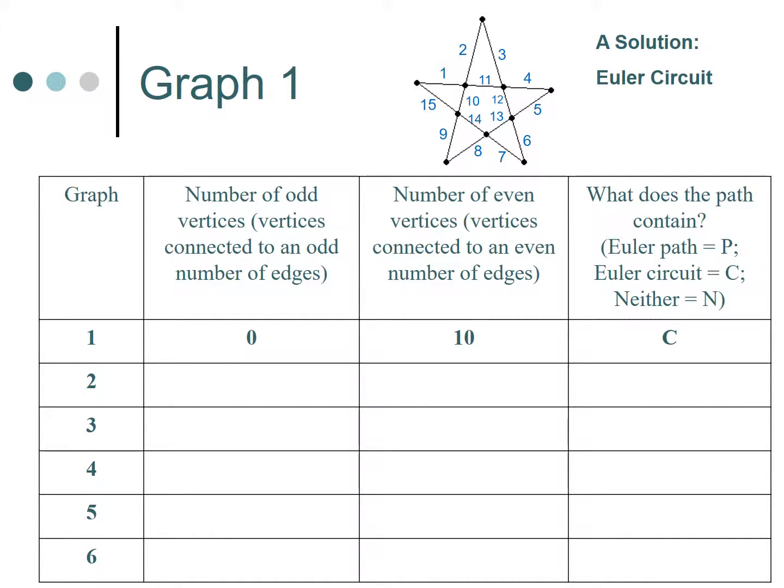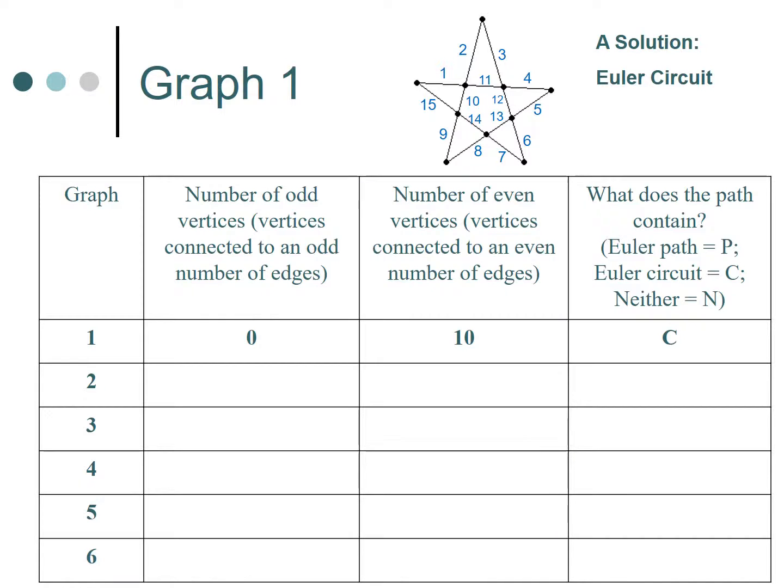Now, when we look at all of these, we realize all of the points on the outside of the star have 2 lines that go into them. There's 1, 2, 3, 4, 5 of those. So there are 5 even vertices, since all 5 of them have 2 lines that go into them. And then the 5 vertices, or dots, in the middle of the star, there are 4 lines that go into each of them.